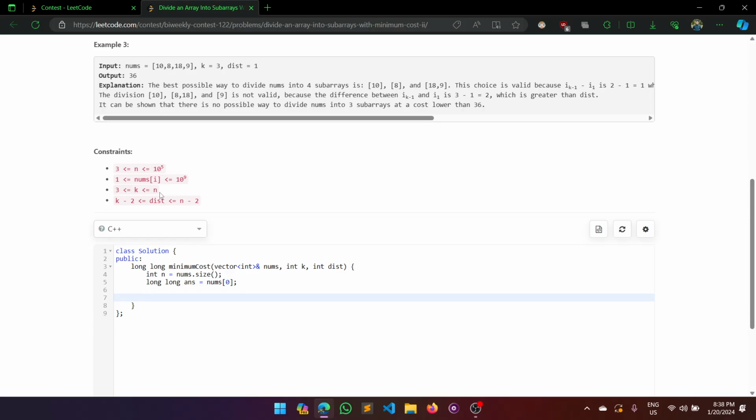The first element we've already taken. If we consider the window of k minus 2 elements, we want k minus 1 elements. And if we consider a window of k minus 2 elements, then it's not going to work.